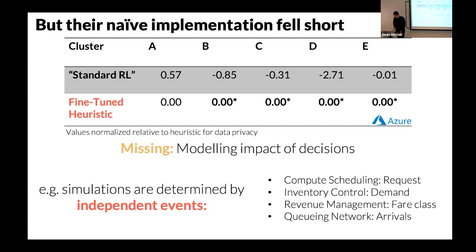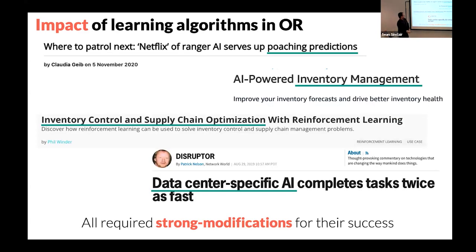Okay. And I just want to emphasize that these examples are not unique to cloud service computing. People are using these types of algorithms in a wide area across operations, including inventory management, inventory control, and supply chain optimization. This is an article about Microsoft research for data center specific AI. And then also I have a colleague who's been using this for poaching prediction algorithms as well.